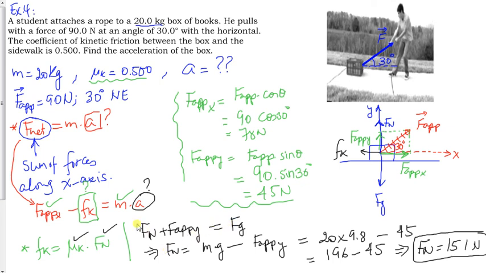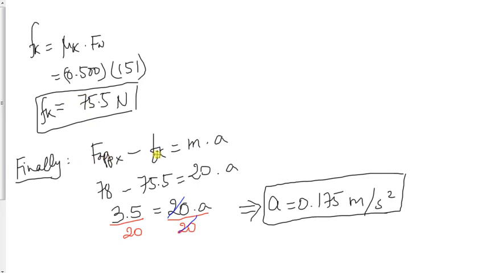This is very important. You have to keep in mind that in most cases Fn equals Fg, but in cases such as this one, Fn is not equal to Fg. It's Fn plus F applied y is equal to Fg. When I found Fn, I found Fk, because it's equal to mu k times Fn. Then I know Fk and I know F applied x. I can get back to this equation to find the acceleration. So F applied x minus Fk equals m times a. I found this, and I have the mass given, so acceleration is equal to 0.175 meter per second squared.